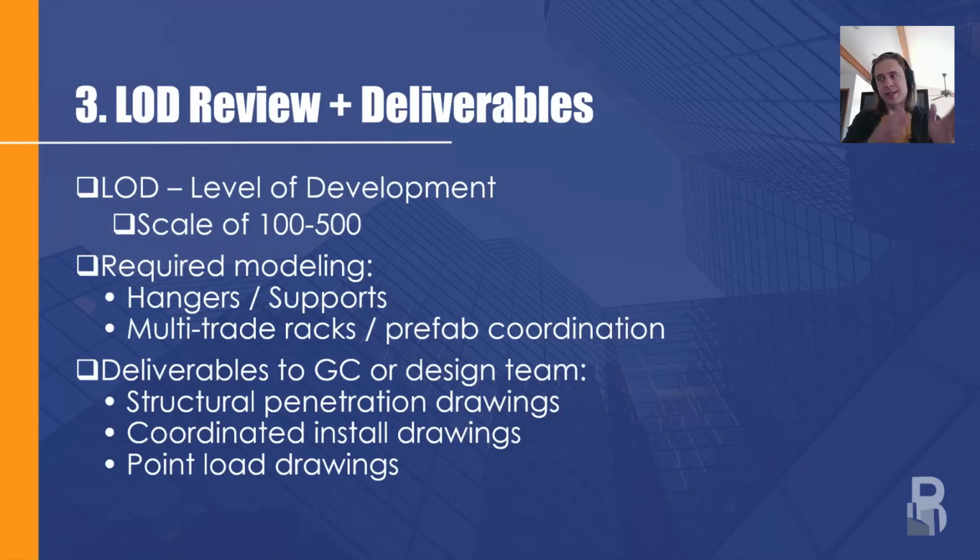More complex, larger projects are likely going to require hangers and supports be modeled. There's a lot that goes into that, and it increases the cost associated with modeling, coordination and detailing pretty significantly if you're modeling hangers versus not modeling hangers.